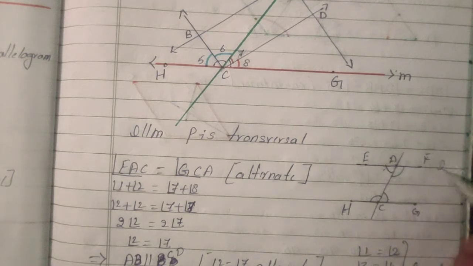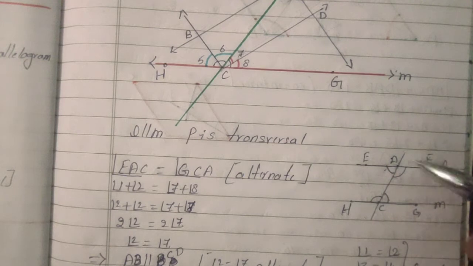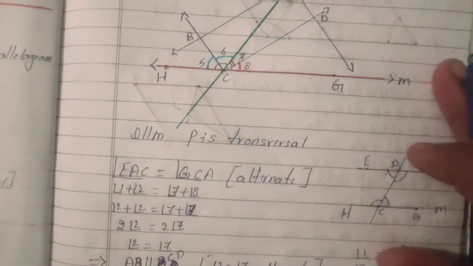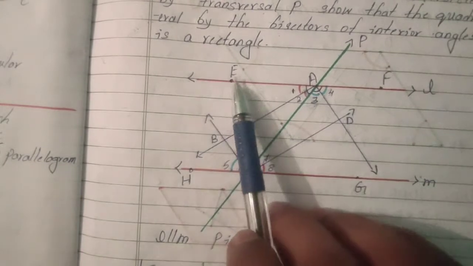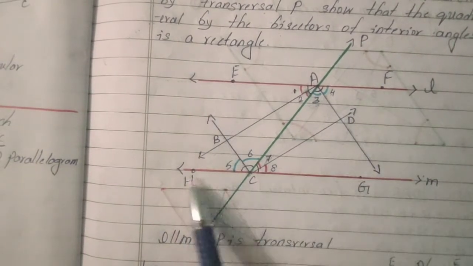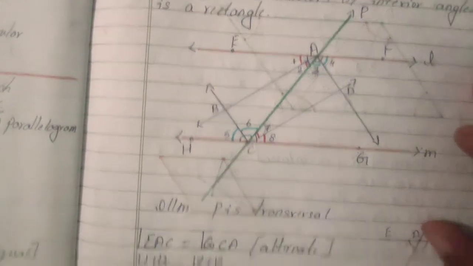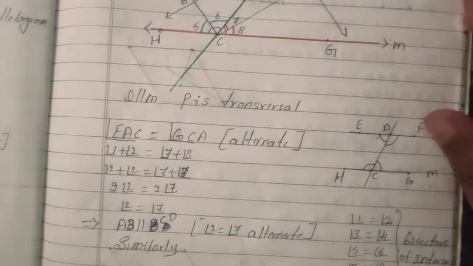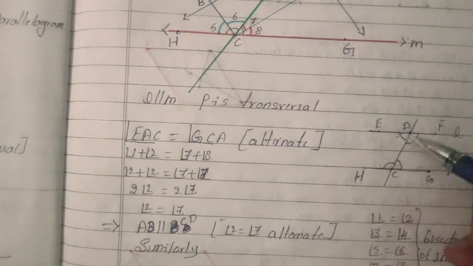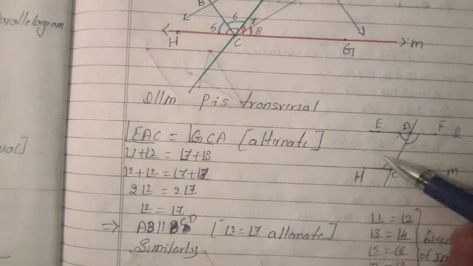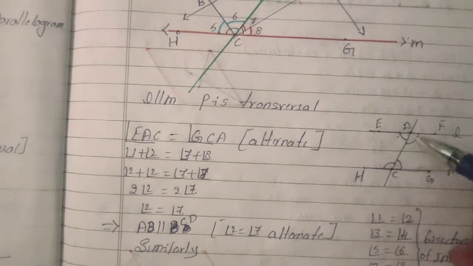Imagine this is line L, this is M. To say the angle purpose, I have taken E, F, G, H, some points on the line for my sake. Now what am I supposed to do? These interior angles, when you bisect, the bisectors form a rectangle.